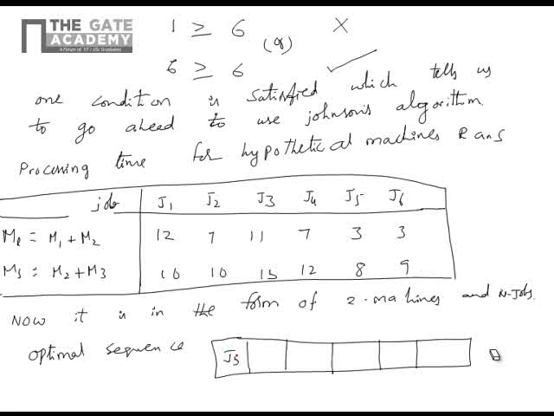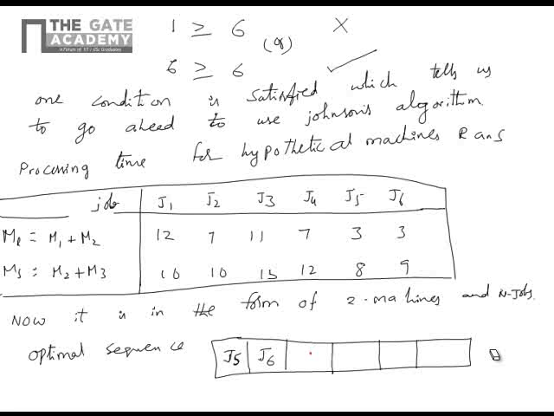So J5 I am giving. We can keep J6 also. I kept J5 because the machine S processing time of J5 is less than the machine S processing time of J6. Even if you keep J6, it gives the same answer. The next minimum is 7, which is on J2 and J4.